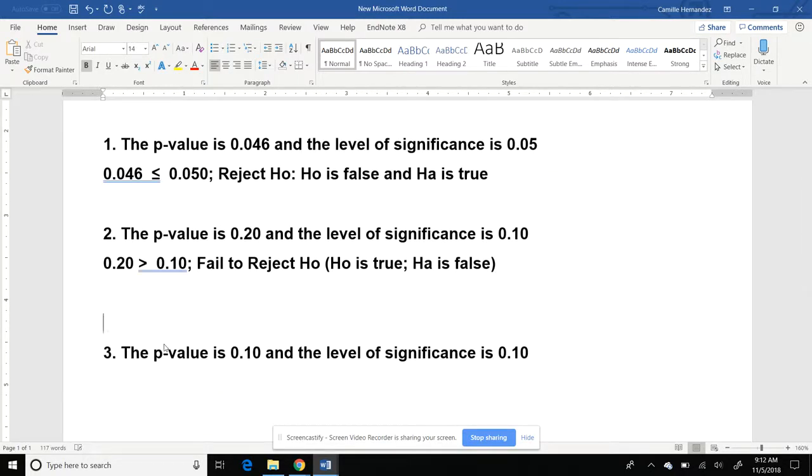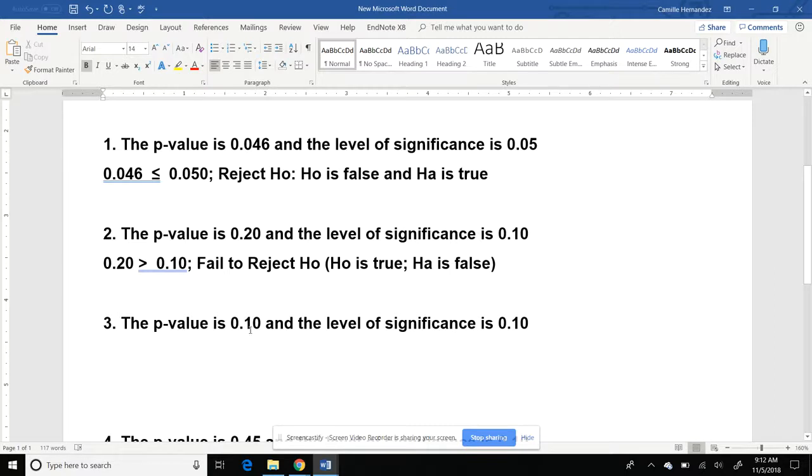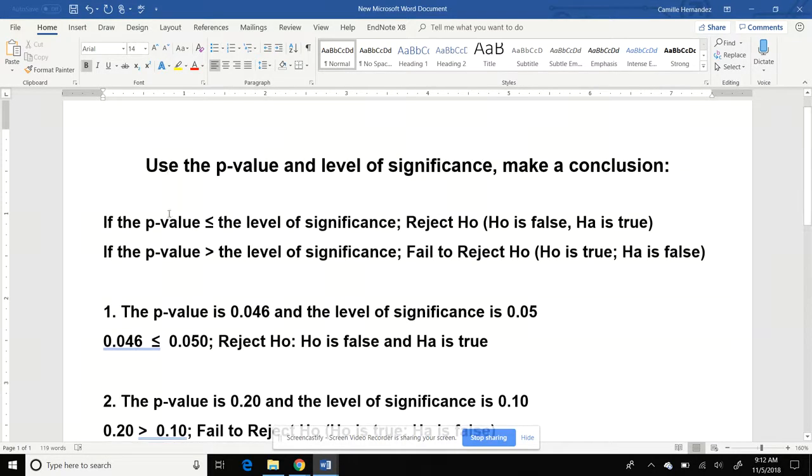Right, here's another one, okay? So the p-value is 0.10 and the level of significance is 0.10. Okay, so 0.10 with 0.10, they're the same number. So what am I going to do? Well, remember up here, you had less than or equal to to reject the null.